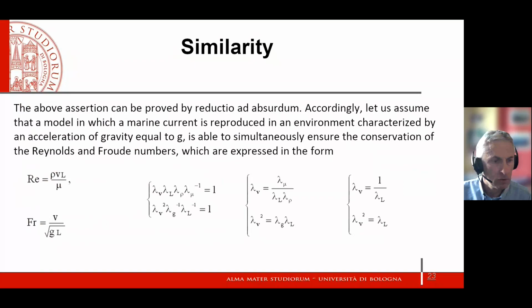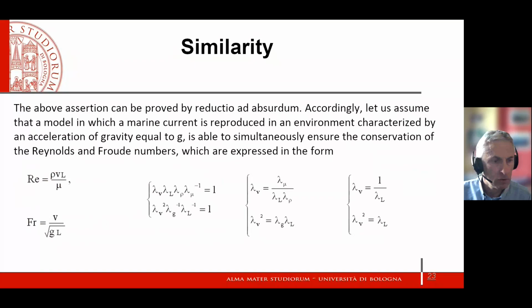It's not important. What is important is that we reproduce the Reynolds number to make sure that you have full turbulence in the pipe flow. But once you have reached full turbulence, so you have preserved the Reynolds number, it's not a big problem if the Froude number is not preserved, and therefore you may focus only on the Reynolds number.